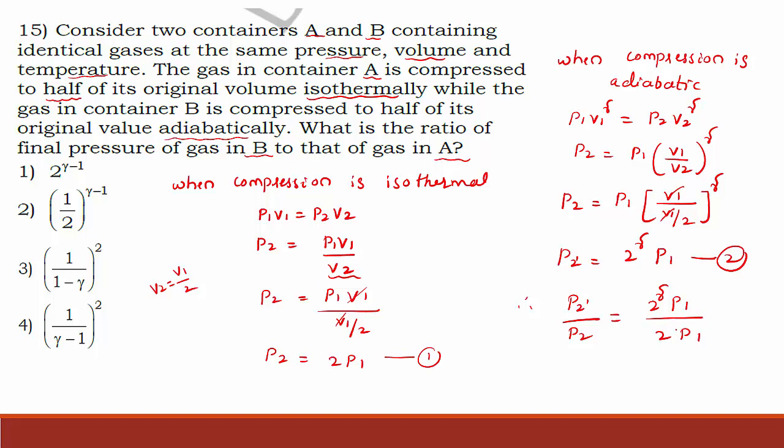So P1 will get cancelled, and 2 raised to gamma divided by 2 raised to 1, bases are same, so we can write 2 raised to gamma minus 1. So 2 raised to gamma minus 1 means option 1 is right.